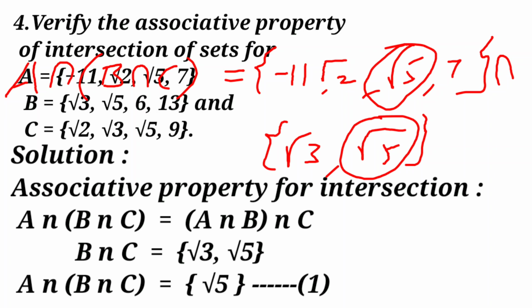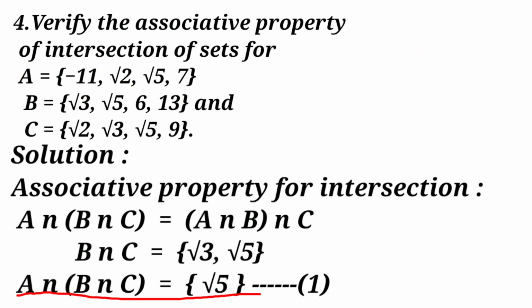Then A intersection (B intersection C) is equal to {-11, root 2, root 5, 7} intersection {root 3, root 5}. Identify the common elements. Root 5 is the common element. Therefore A intersection (B intersection C) is equal to root 5. That is equation number 1.